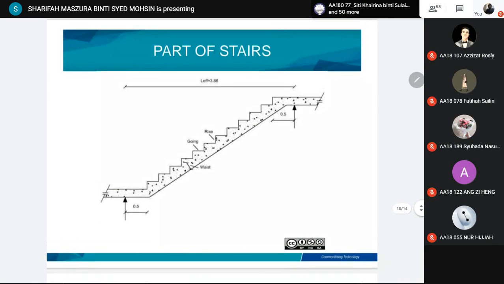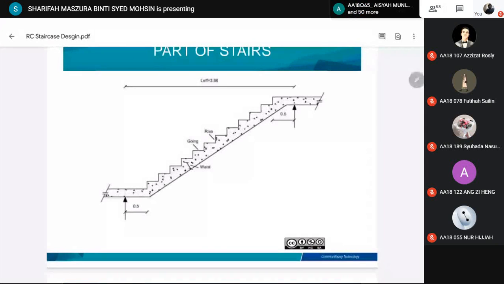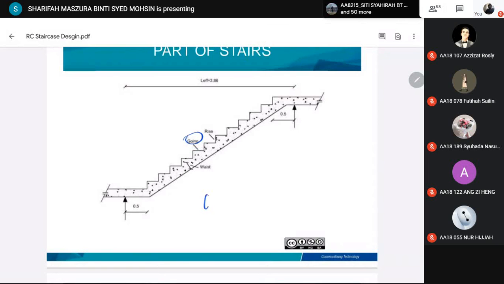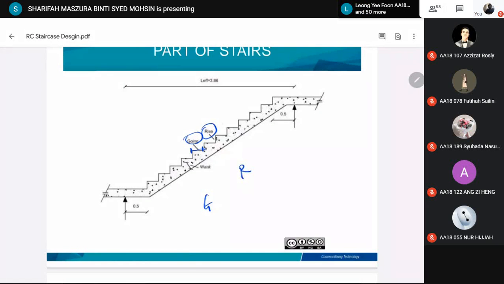So before we can begin our design, there are a few things that you have to know so that you can calculate the loading on the staircase. For example, going or G is the width of the steps. Then we have riser or rise, which is the height of the steps.